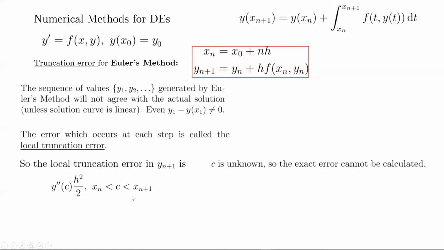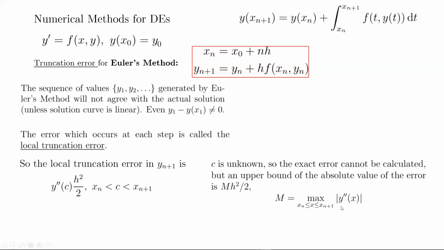So generally it's unknown, so the exact error can't be calculated, but we can find an upper bound of the absolute value of the error. If we define M to be the maximum value of the second derivative of y in this interval xn to xn plus 1, then the upper bound of the error is M times h squared over 2.